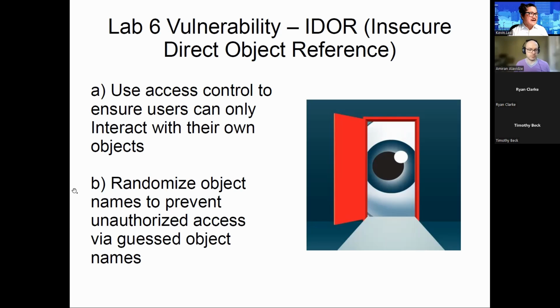Or B, randomize object names to prevent unauthorized access by guessing object names. A lot of apps use B. When an object is created by the app, its name will be randomized to prevent users from being able to guess the names of other people's objects. That's one way we can get around IDOR vulnerabilities.